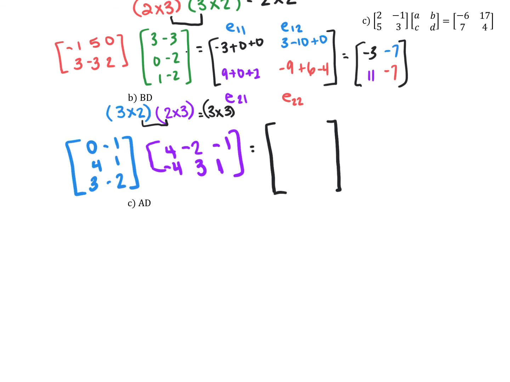So I want to do 0 times 4. What's that? 0. And then negative 1 times the negative 4 is a positive 4, right? Got that? It should be a 3 by 3. Let me make this bigger.